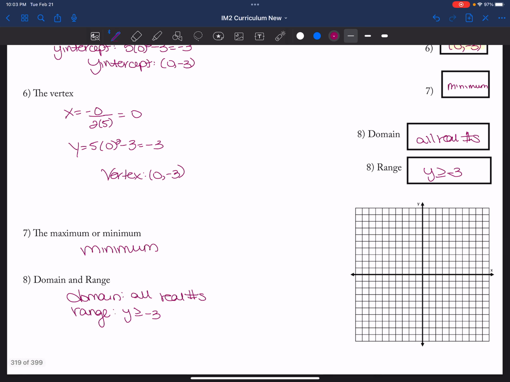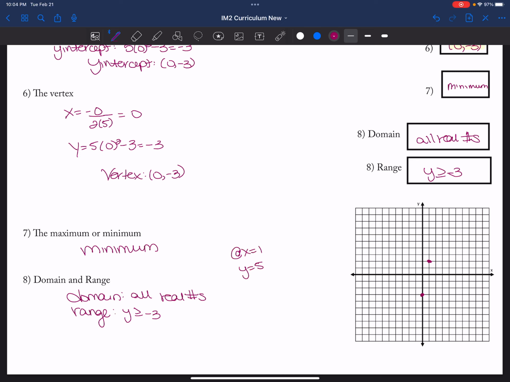Okay, so now my vertex is 0, comma negative 3, which is also the same thing as my y-intercept. So then I will pick a point to the left or to the right. When I plug in 1, I get 2. And x is equal to 1.